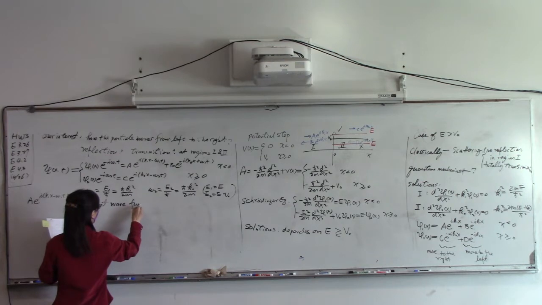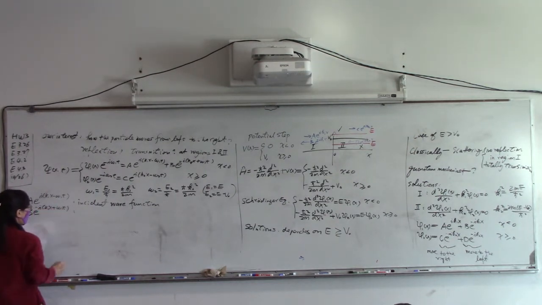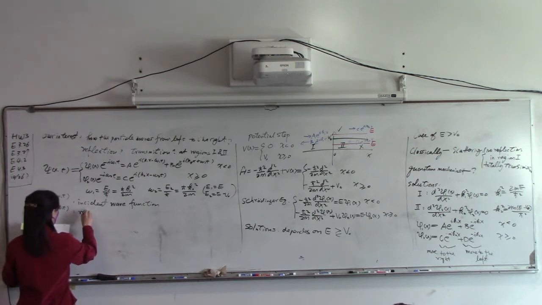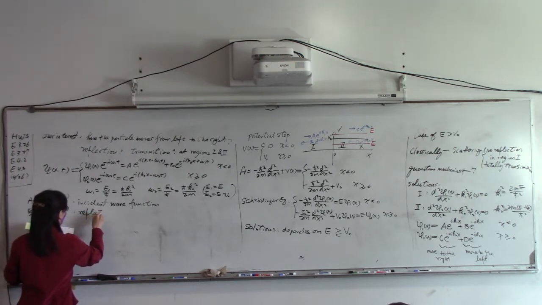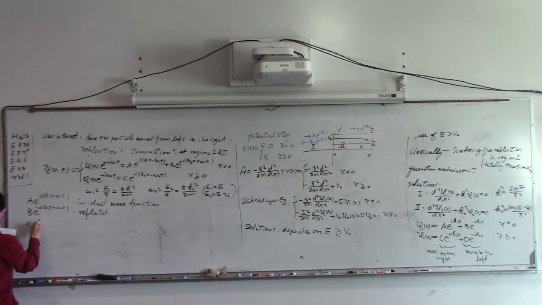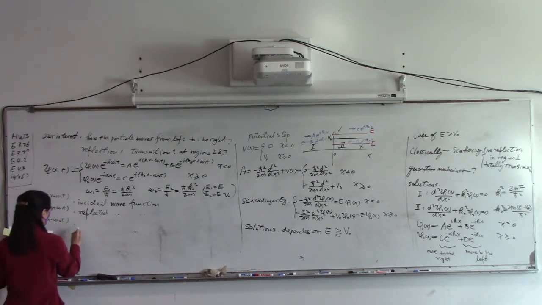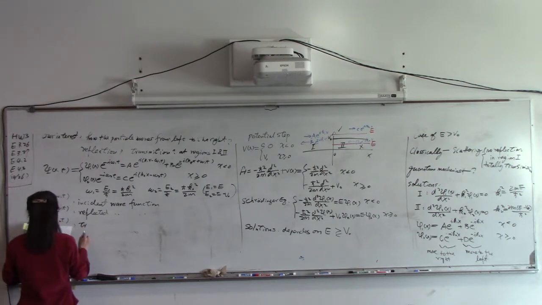Function, right? And B exponential minus i k1 x plus omega 1 t. This is the reflected wave. Then C exponential i k2 x minus omega 2 t, that is in region 2, which is transmitted.